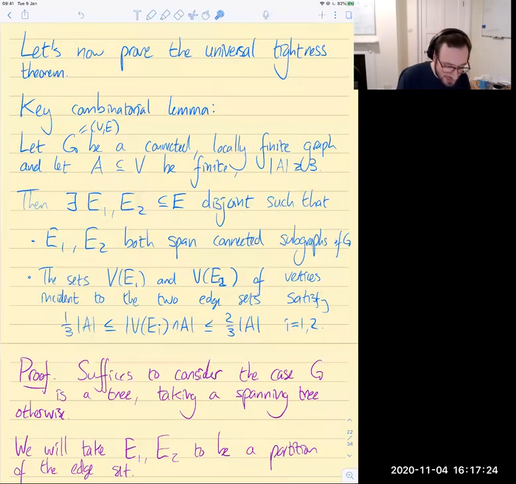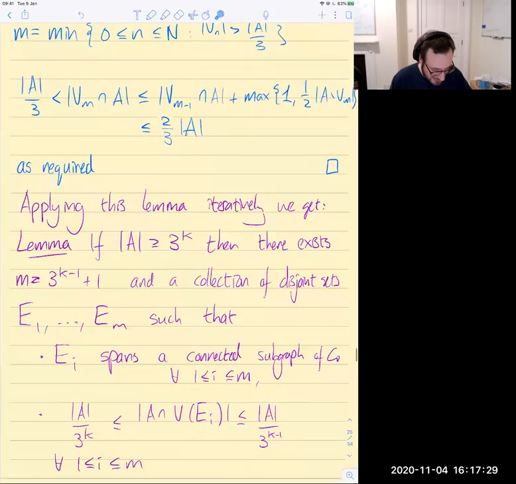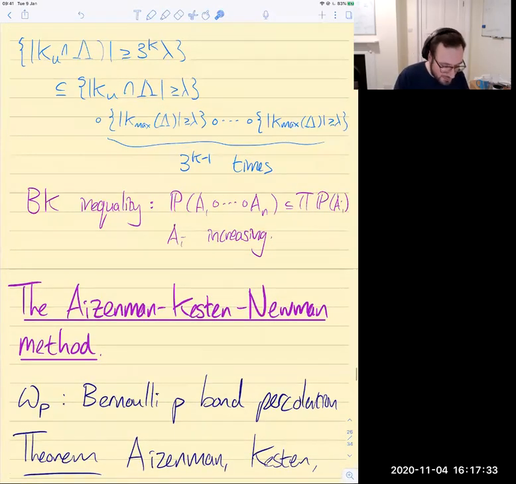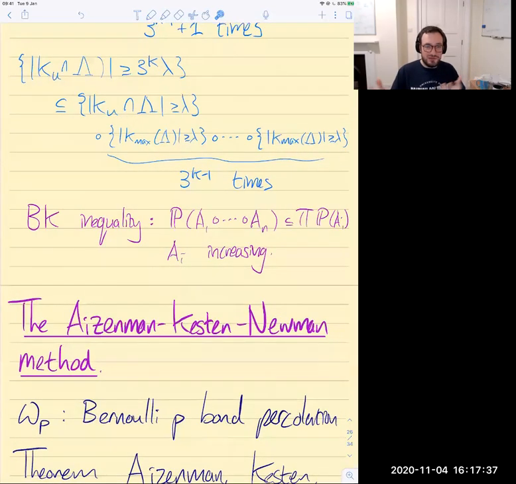So remember what the BK inequality says, I have it written down here. If you remember the notion of a disjoint occurrence of two events, let's say I have two increasing events, A and B. Then I say that they occur disjointly and write A circle B if I can find two disjoint sets of edges that are open in my graph, and they're both witnesses for A and B respectively.